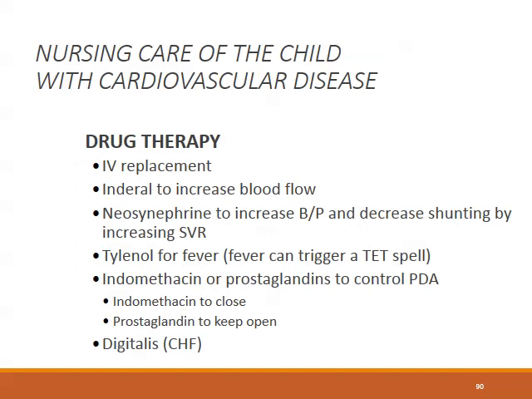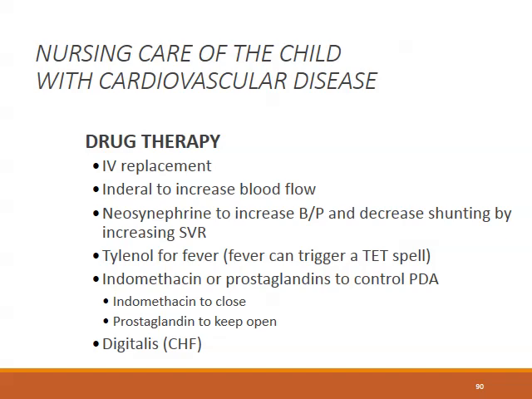Drug therapy, they're going to do IV replacement of fluids, Inderal to increase blood flow, and neosynephrine to increase blood pressure and decrease shunting by increasing SVR. They're going to use Tylenol for fever. Now, fever can trigger a TET spell, so we need to try to keep that under control.